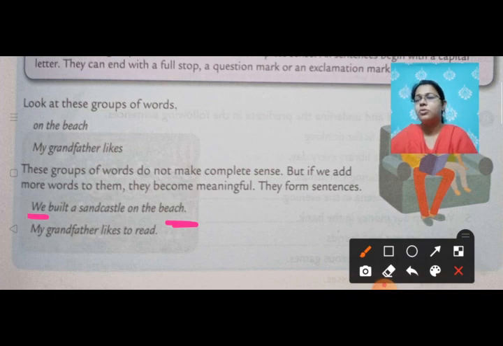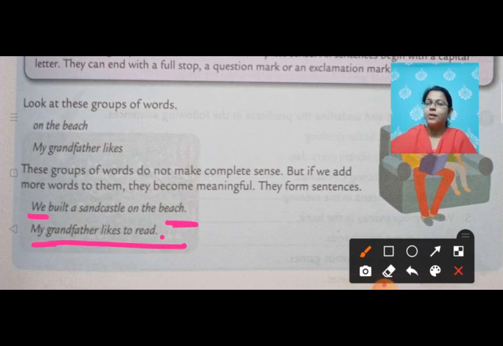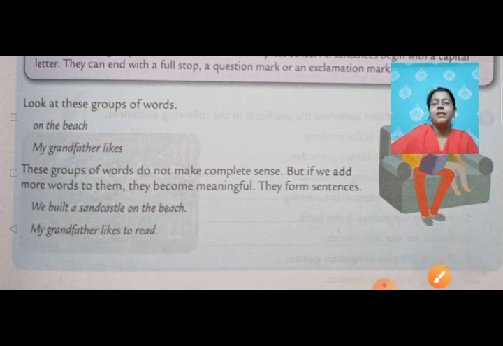Here also you can see the word my has the letter M capital, and it ends in a full stop. So students, I hope you are clear about the definition of a sentence. The group of words which has complete sense is called a sentence, and it starts with a capital letter and ends with a full stop, question mark or exclamation mark.